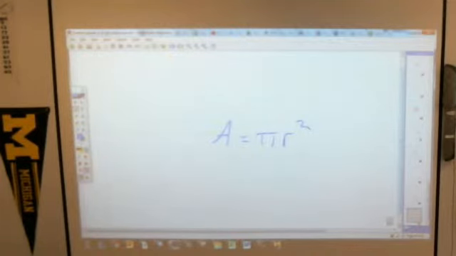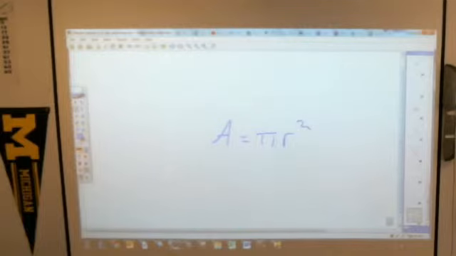Here's where you may have to put on the proverbial 7th grade thinking cap. What if I wanted to solve that for just radius? What if I knew the area of a circle and I wanted to find its radius? How can I transform that formula so that it's just r equals something?